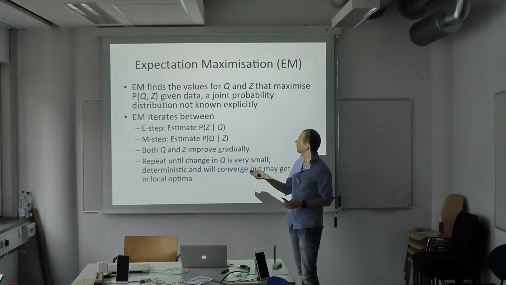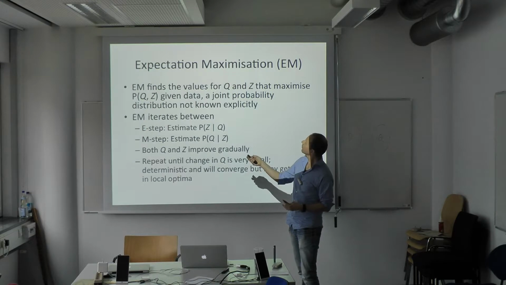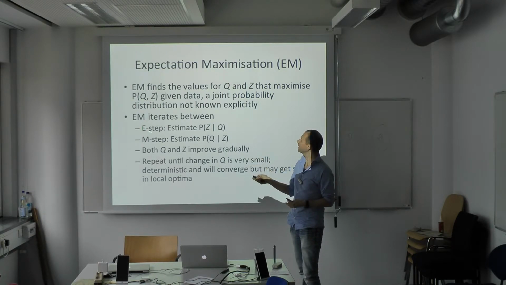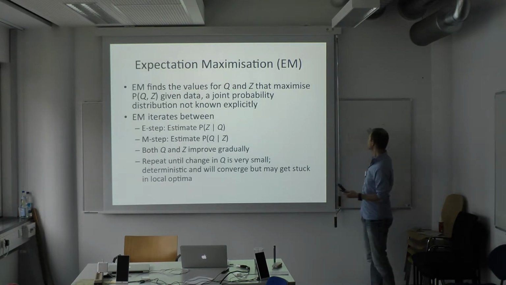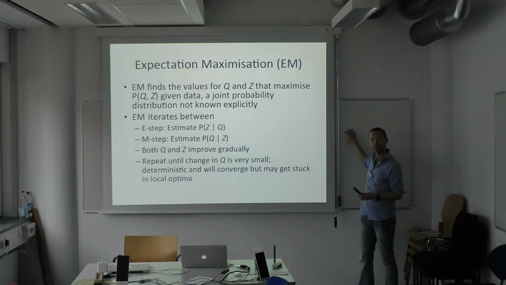So EM does this by iterating between two different steps, and one is the E step, and you can probably guess that corresponds to expectation. So this is the expectation step. We estimate this thing here, the probability of the labels given our model. That would be when we take our model and make predictions of where the matches are in the sequences.